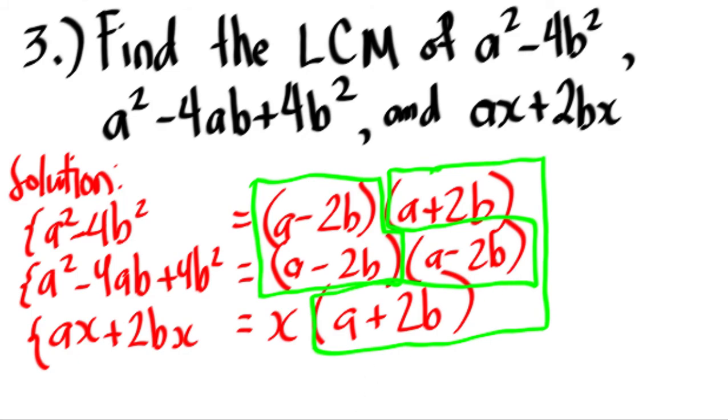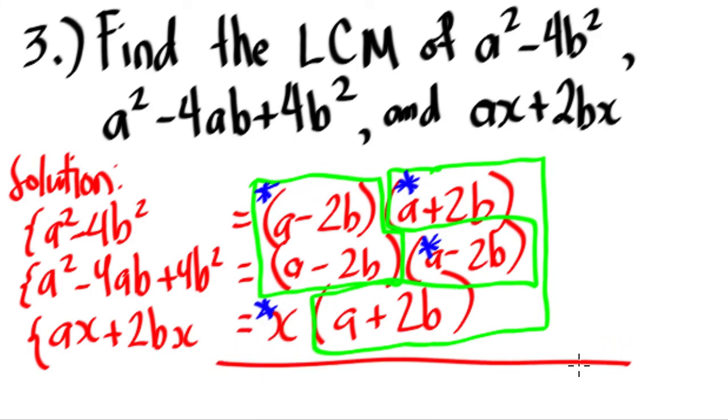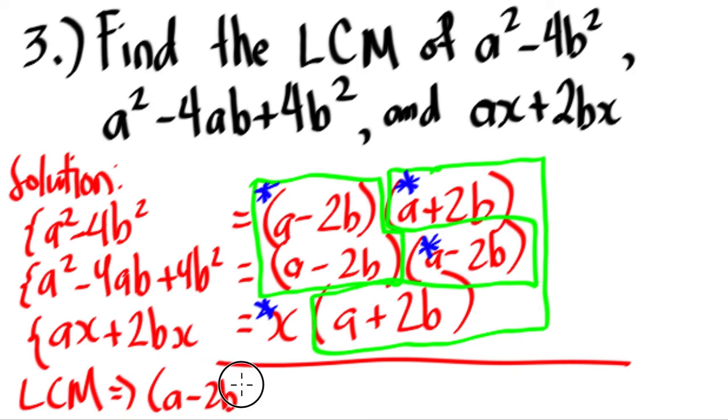And yeah, so how many terms do we have? We have this box here. We have this box here. We have this single term. We have this single term. So we have pretty much four factors. And then for the LCM, what do we have? We have a minus 2b. We have two of them, so maybe you can put a square instead of writing this again.